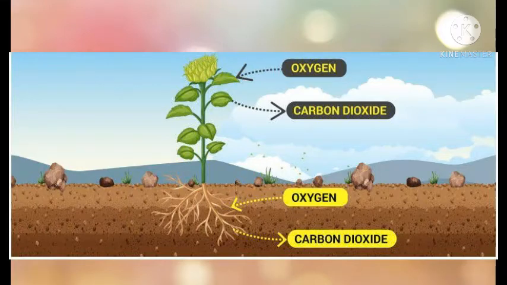In all plant cells, a chemical reaction occurs in which the food molecule, that is glucose, is acted upon by oxygen and broken down into carbon dioxide and water. In this process, energy is also released. This energy is stored in the form of an energy-rich molecule called ATP.